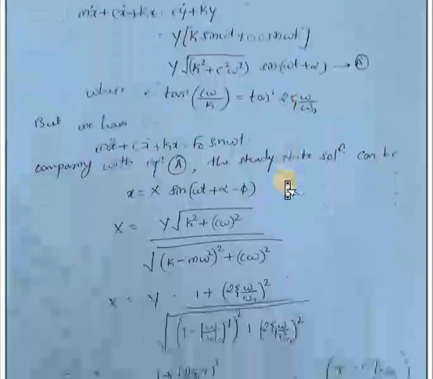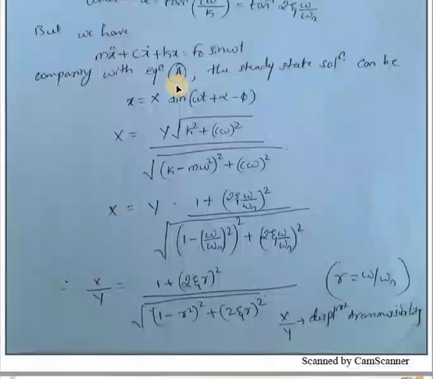Alpha equals tan inverse of 2 zeta r. But we have the standard differential equation for forced vibration, m x double dot plus c x dot plus k x equal to F naught sine omega t. Comparing this with equation A, the steady state solution can be written as X into sine of omega t plus alpha minus phi, where X equals Y into root of k square plus c omega whole square, divided by the root of k minus m omega square whole square plus c omega whole square.